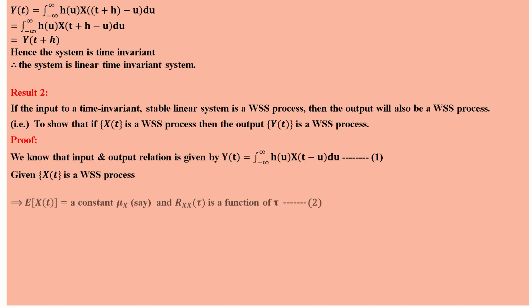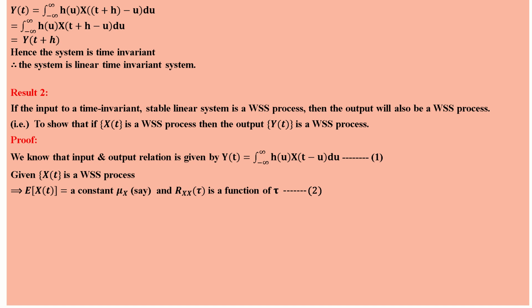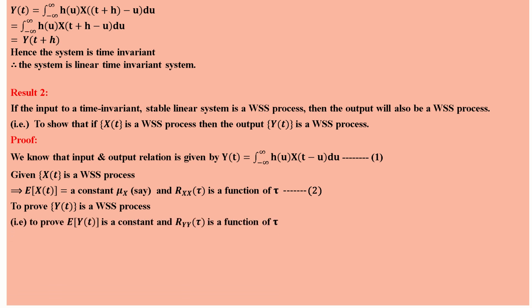Given x of t is a WSS process, this implies the first condition: the mean is a constant, expected value of x of t is a constant, say mu x. Then Rx of tau is a function of tau. That is equation number 2. To prove y of t is a WSS process, that is to prove that the mean, expected value of y of t, is constant, and Ryy of tau is a function of tau.